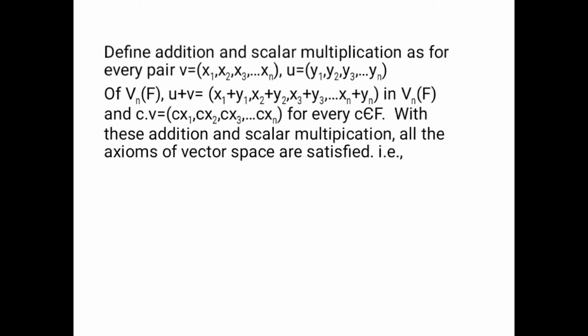And you may see that again in addition there will be n components, so it is contained in V_n(F). And similarly, if you define c dot v is equal to c into x1, c into x2 and so on, c into xn, again this vector also has n components, and c x1, c x2 and so on are all elements of F, so it is also again contained in V. So both these operations are well defined, and the codomain is V itself.